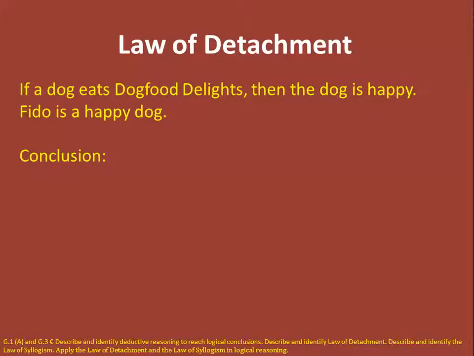Okay, let's look at this example. This will be our last example of the law of detachment. It says, if a dog eats dog food delights, then the dog is happy. Fido is a happy dog. Okay, so if we look right here, a dog eats dog food delights.